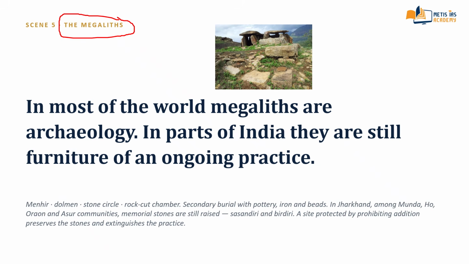So, what are the forms? Name the forms here. Menhirs, single standing stones; dolmens, chambers of upright slabs under a capstone; stone circles and cairns; burial slabs; and in the laterite country of Kerala and coastal Karnataka, rock cut chambers excavated downward into soft laterite with a narrow shaft, a circular inner chamber and a ceiling slab.